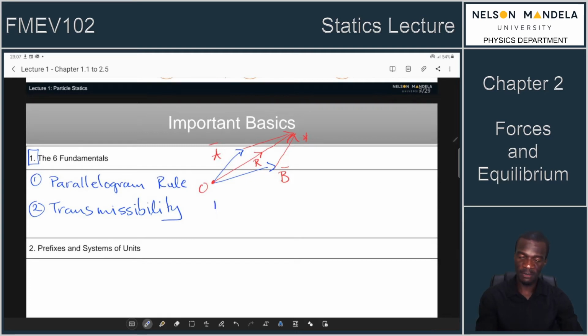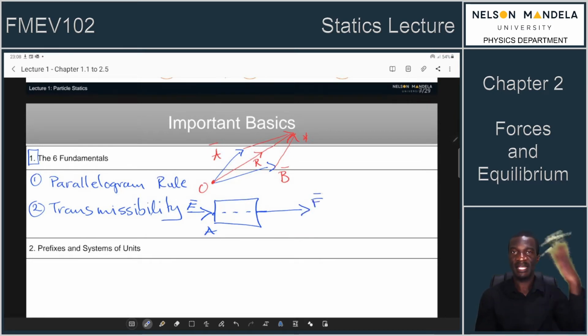So you've got an object. There is a force that is acting on the object at point A of the object. The principle of transmissibility says this force F can be transferred or transmitted to any point along the line of action of that force to derive the same effect as the force at its initial point of application.